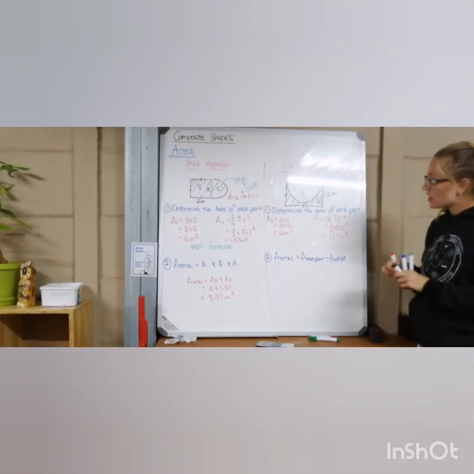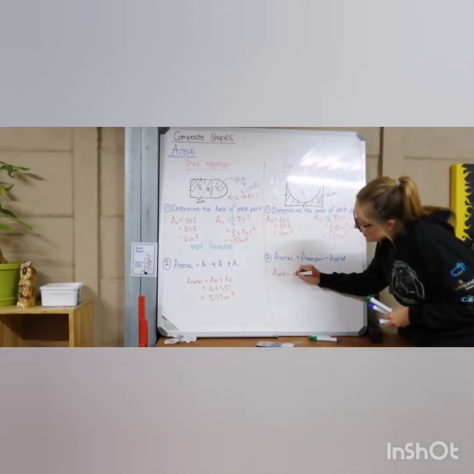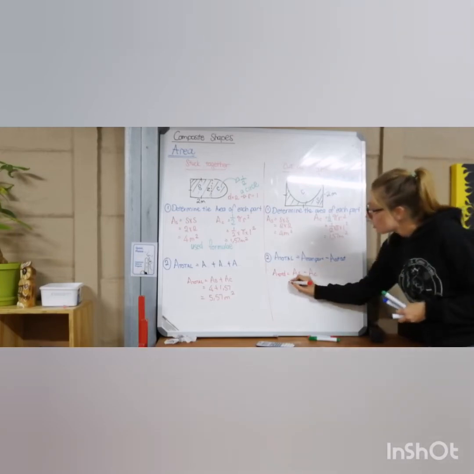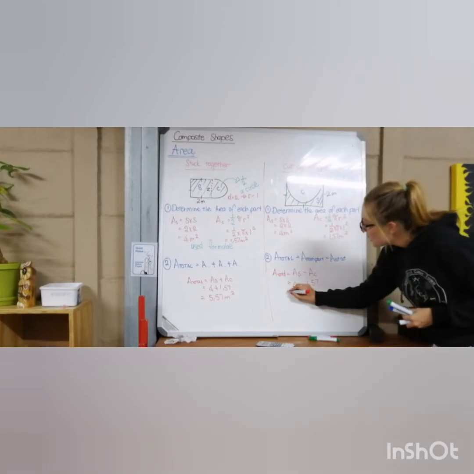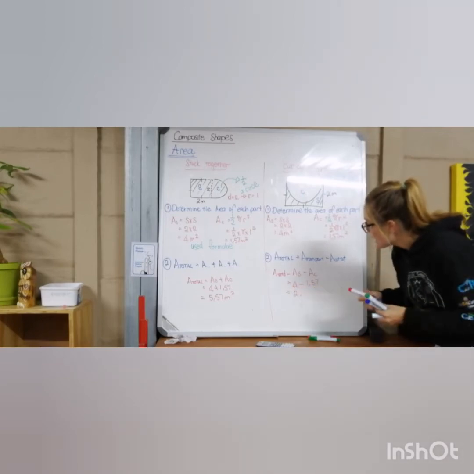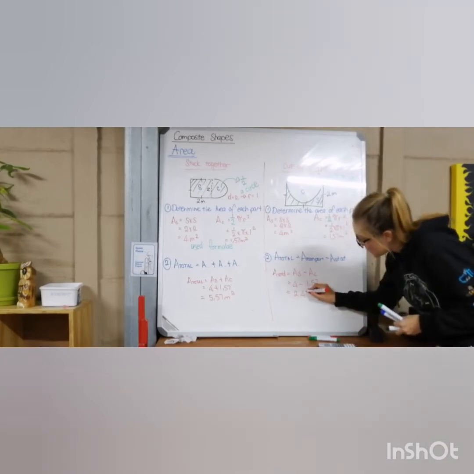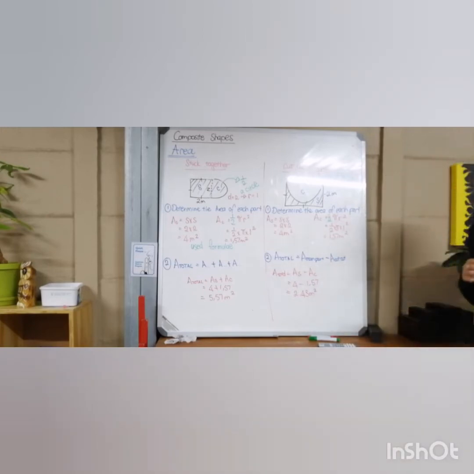So for this question, the total area is equal to the area of our square minus the area of our semicircle, which is 4 minus 1,57, which is going to be 2,43, I think. Let me check. 2,43 meters squared.